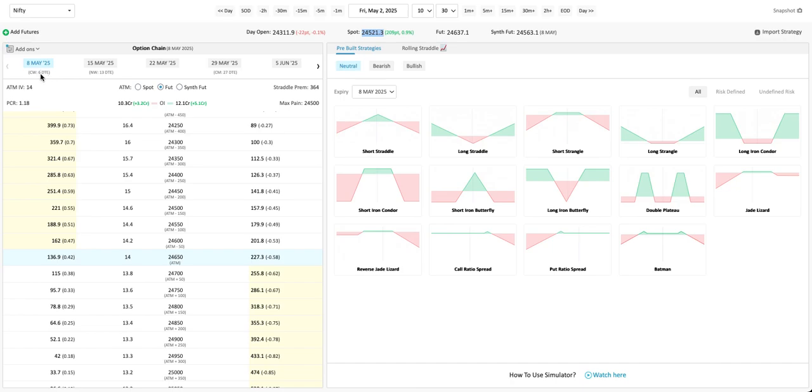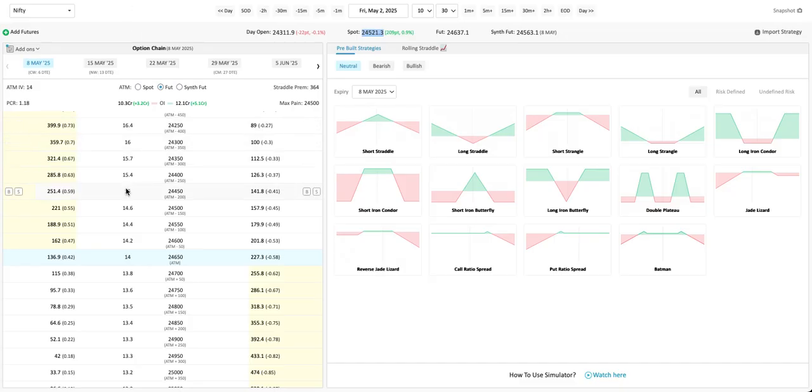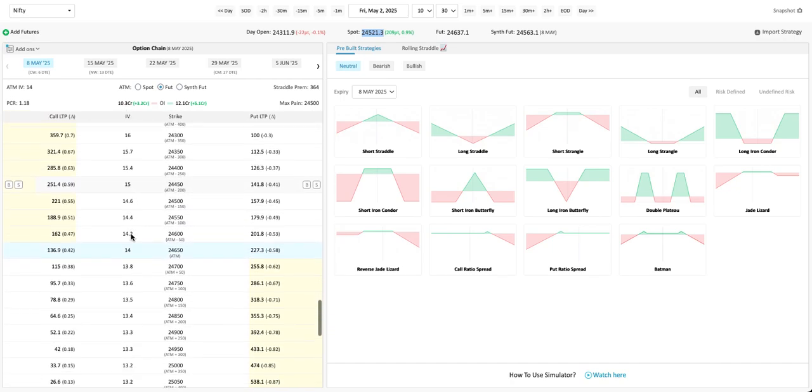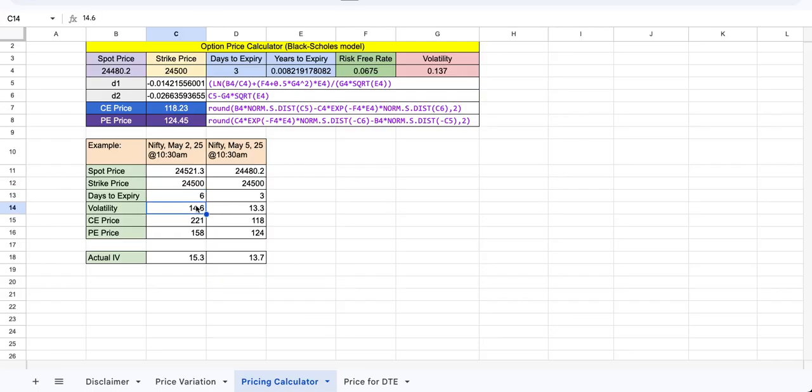So days to expiry is 6, and we have considered 6. The volatility, the last one: whenever I scroll, you will see IV written over here, on the top of it. That is the volatility value we are considering. Here it is coming out to be 14.6, so we have put 14.6.